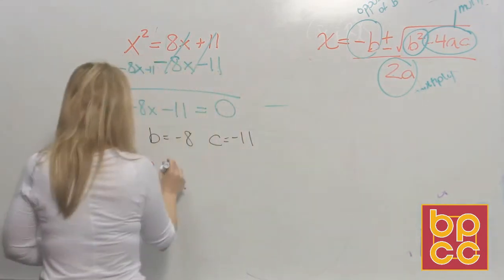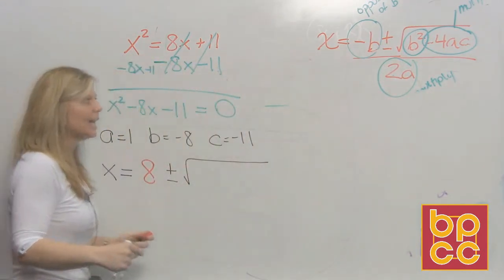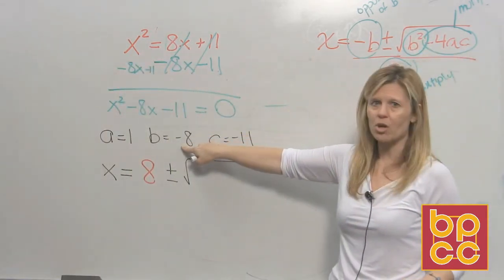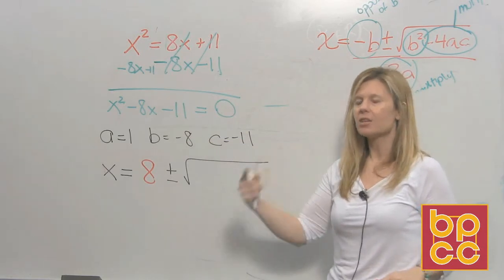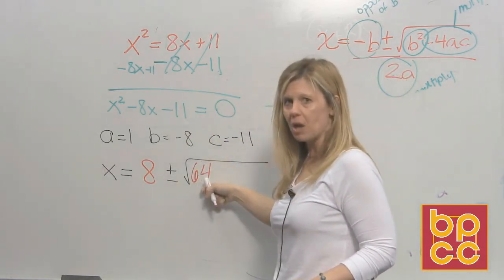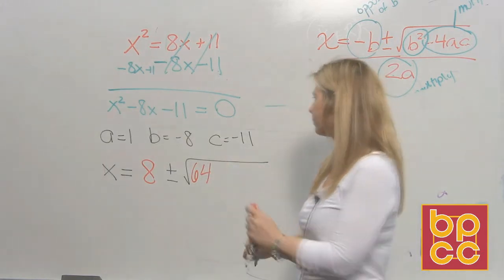Then you write plus or minus square root. Now we're going to do b squared. So take your b and square it in your head. Negative 8 times negative 8 is positive 64. And this first number will always be positive, because when you square, you get a positive.